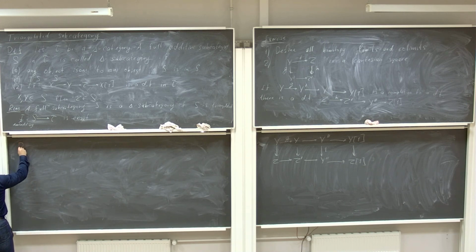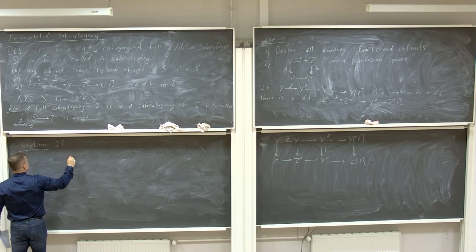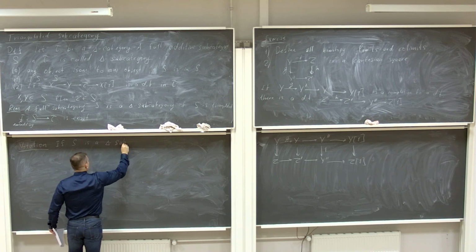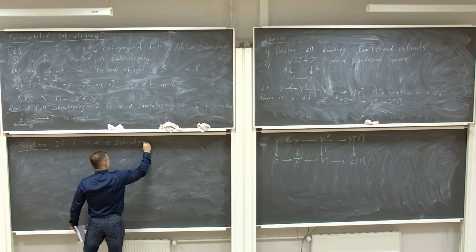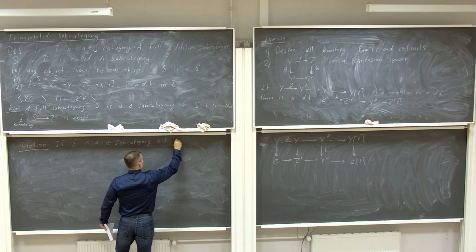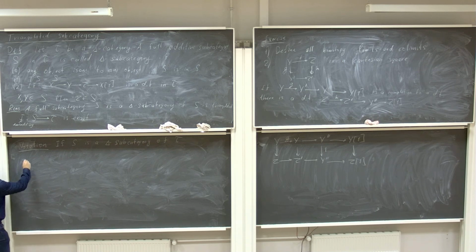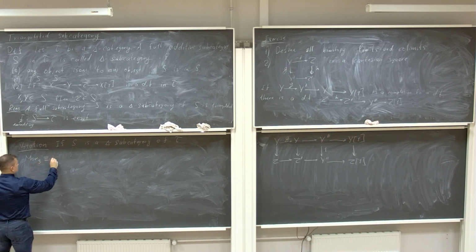Okay, so another definition, or really more notation. If S is a triangulated subcategory of T, we associate with this S a set of morphisms. There are two notations: I can use S as a subscript, or I can say that this is the morphisms of S. It's exactly the same thing.